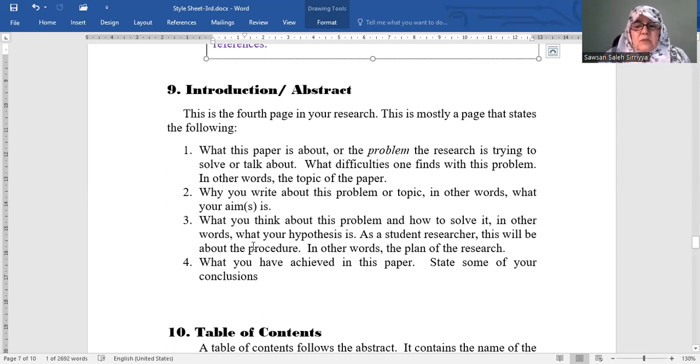As a student researcher, this will be about the procedure. In other words, the plan of the research. It means the first, let us say, section will introduce the main or the keywords in this research. The second section will talk about, etc., etc. And finally, what you have achieved in this paper, state some of your conclusions.